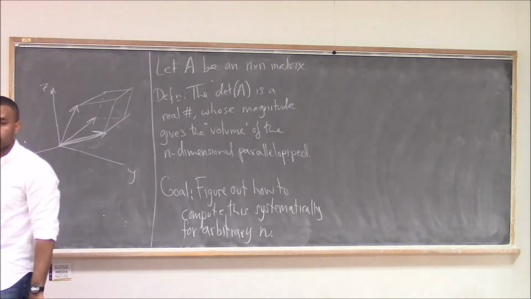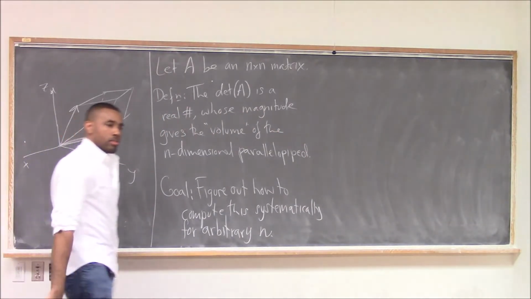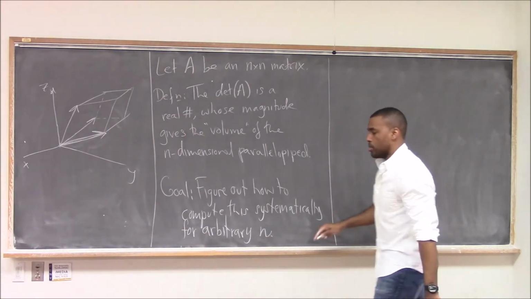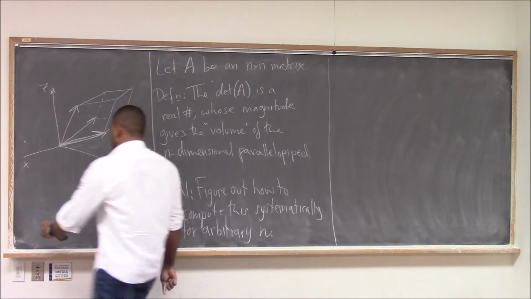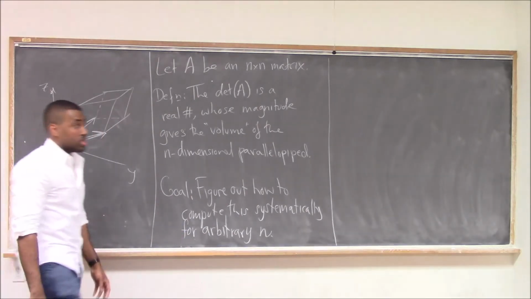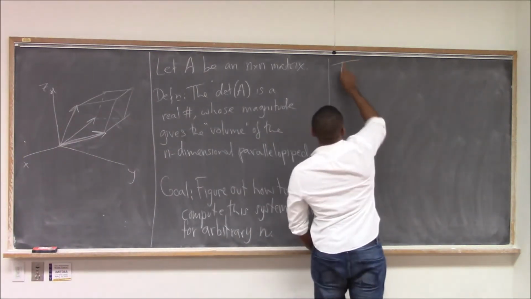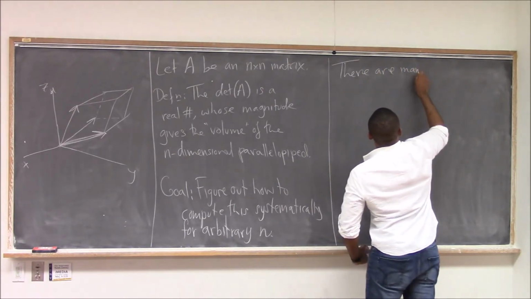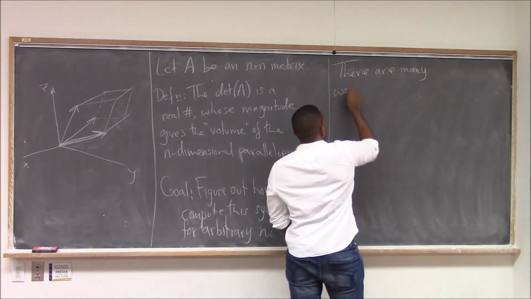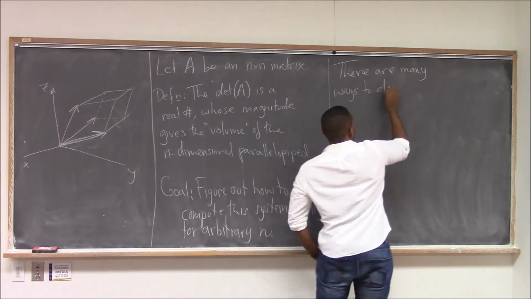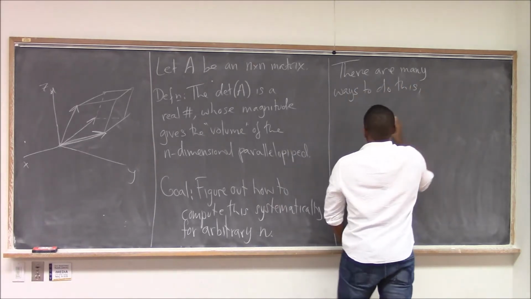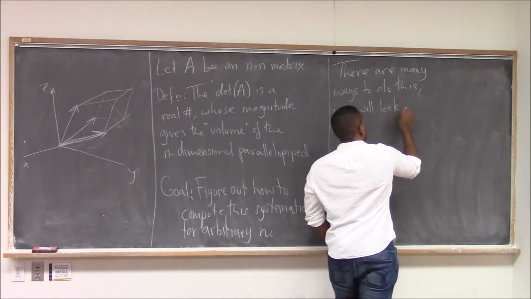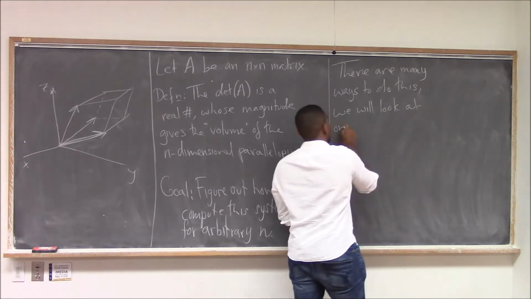I want to figure out some sort of generalization for the volume formula of the n-dimensional parallelepiped formed by this figure. Now, there are many definitions for this. We're going to look at one.